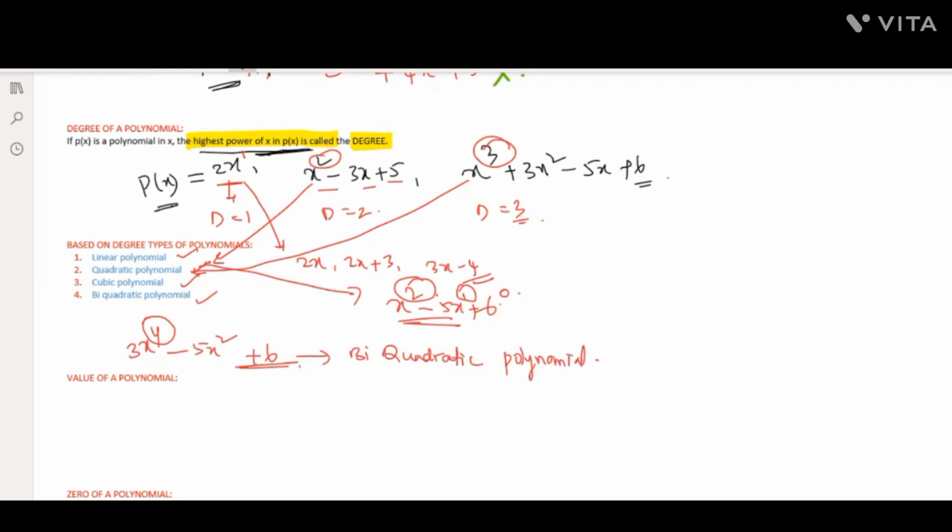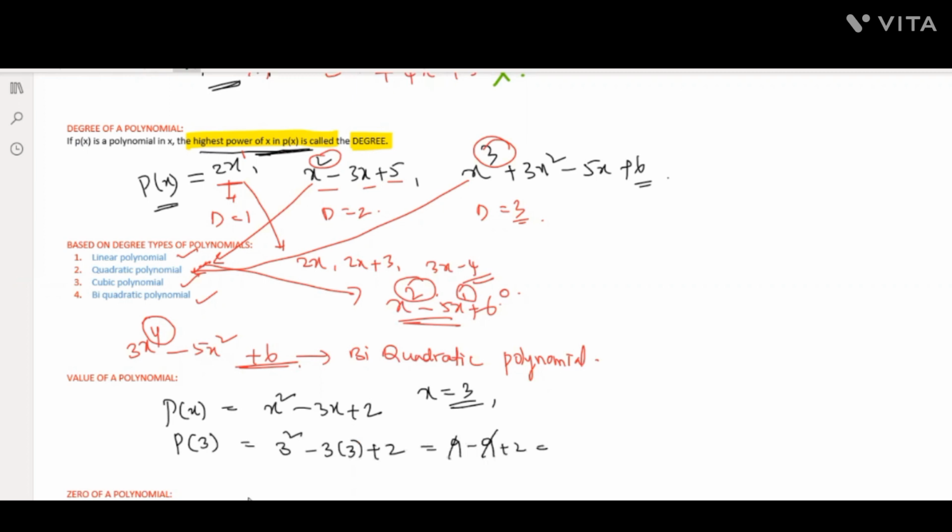Sorry. Now let's move on to the value of a polynomial. What is meant by the value of a polynomial? Let's see a small example. If I take p of x is equal to x squared minus 3x plus 2, and substitute x is equal to 3, then I will get 3 squared minus 3 into 3 plus 2, which is 9 minus 9 plus 2, whose value is 2.